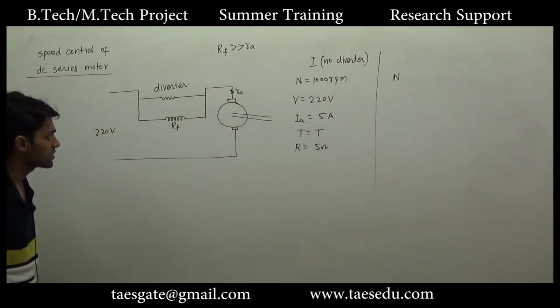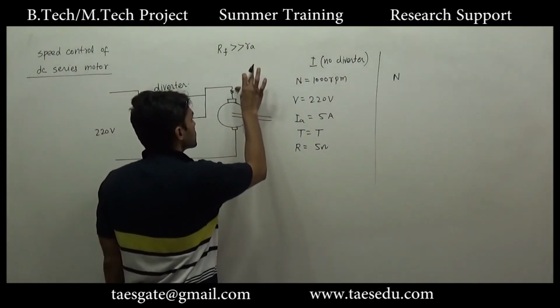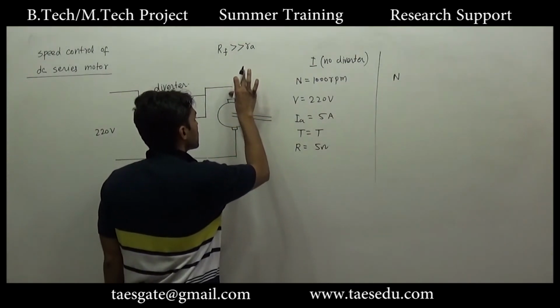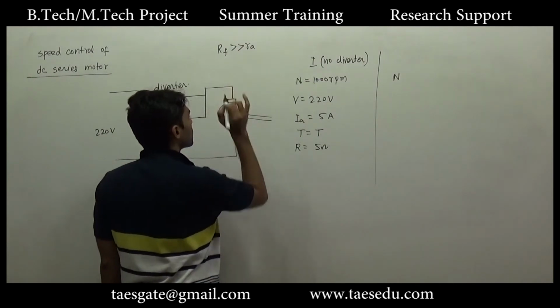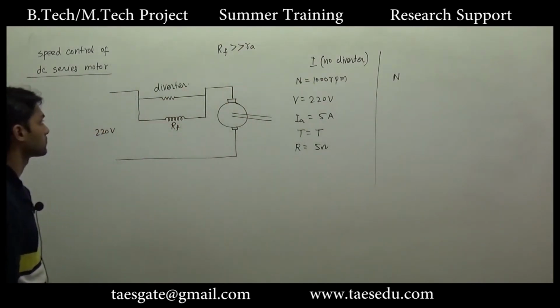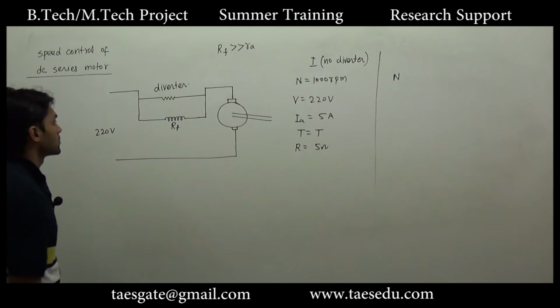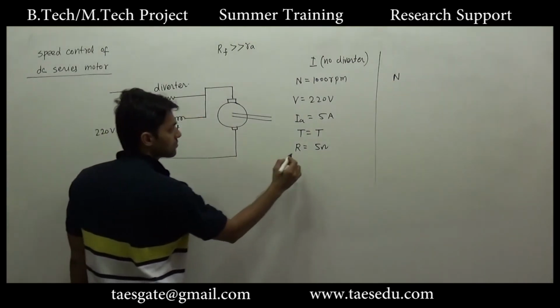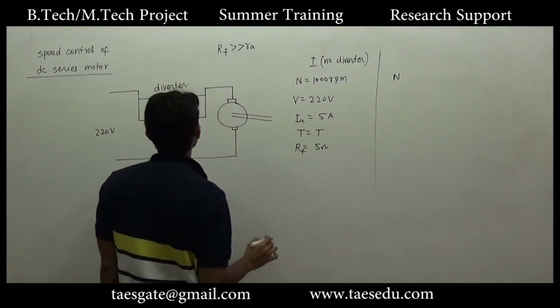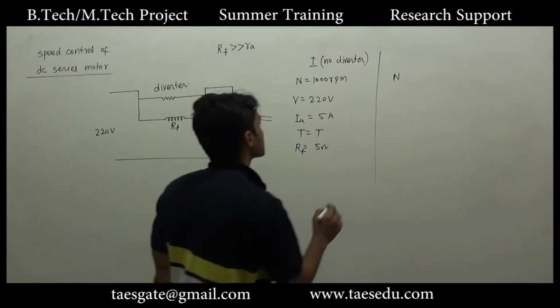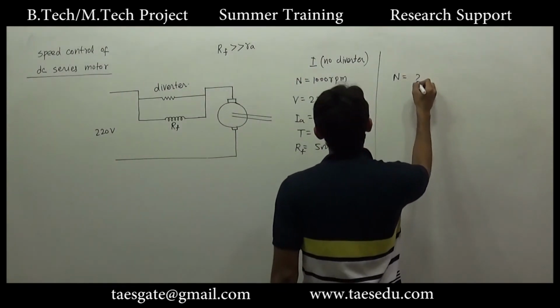So for this case, I am neglecting armature resistance. Suppose there is negligible armature resistance. Suppose we have field resistance equal to 5 ohm. In the next case, we have to find out the speed.